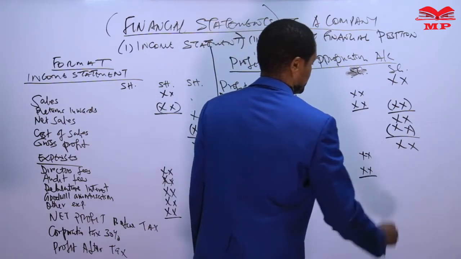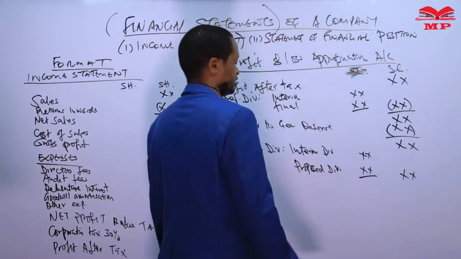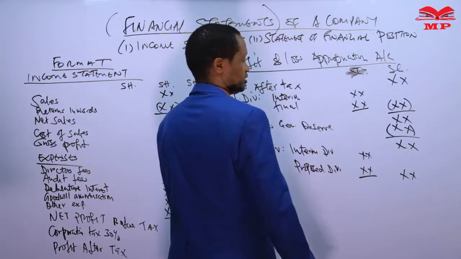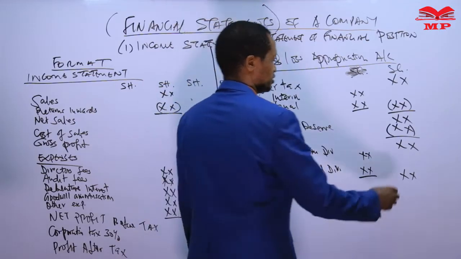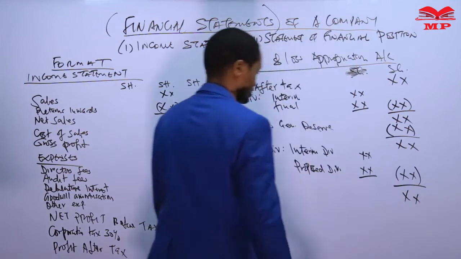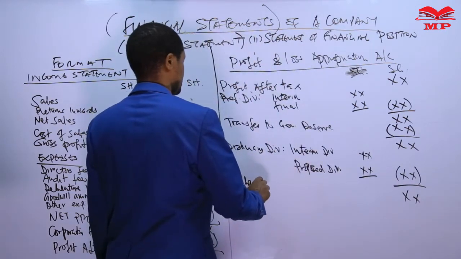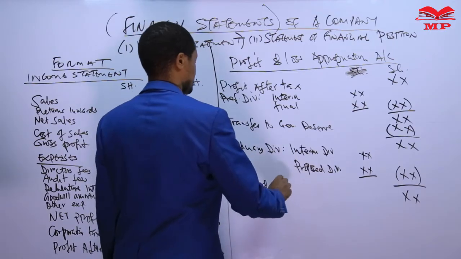So this total dividend should be deducted from the profit. If the total dividend is not subject to 100% payout ratio, then we'll have a balance there, which we are calling the retained earnings. Retained earnings.